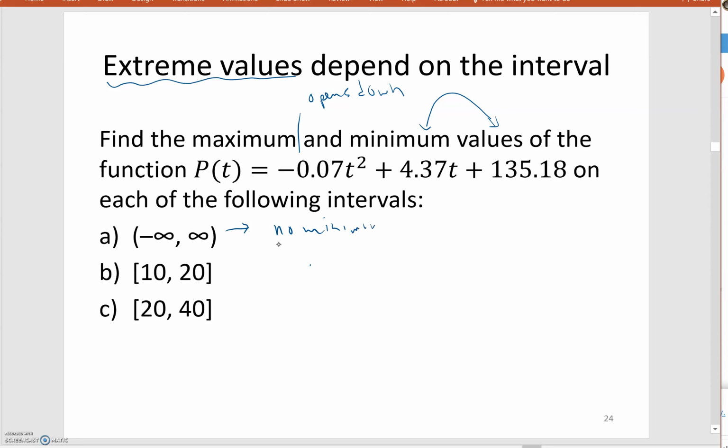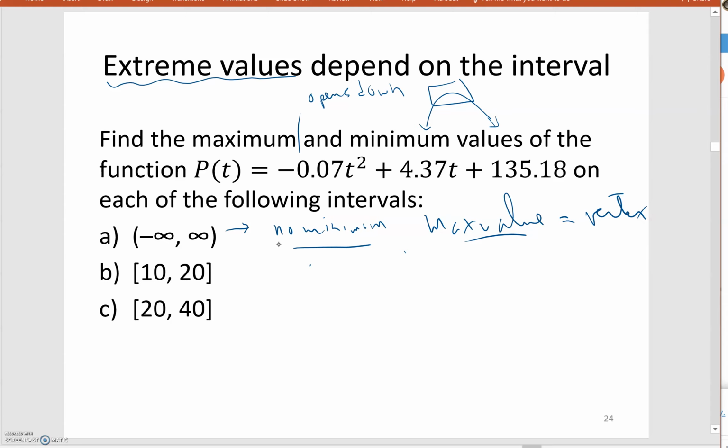I don't need to graph that to know it. And the maximum value will in fact be the vertex, specifically the y-coordinate of the vertex. So I'll need to find the vertex. I know that because if I'm looking at the entire domain, then over the entire domain, the biggest value is the vertex.